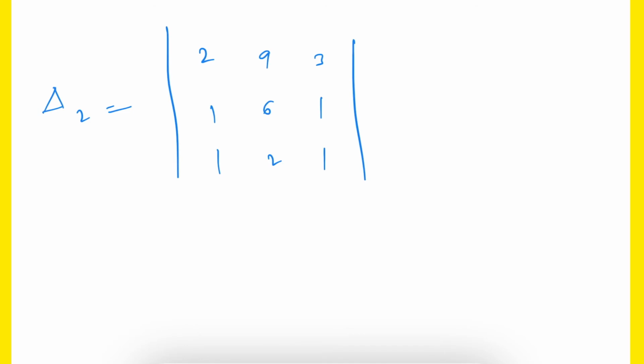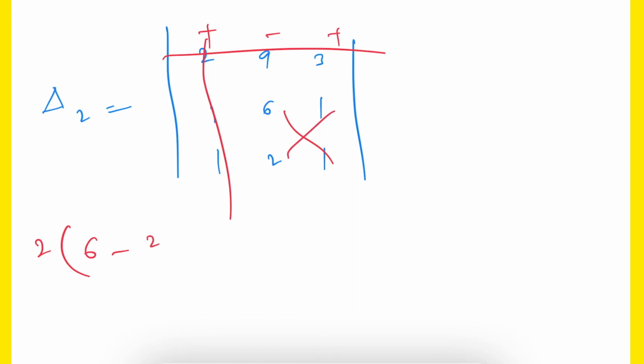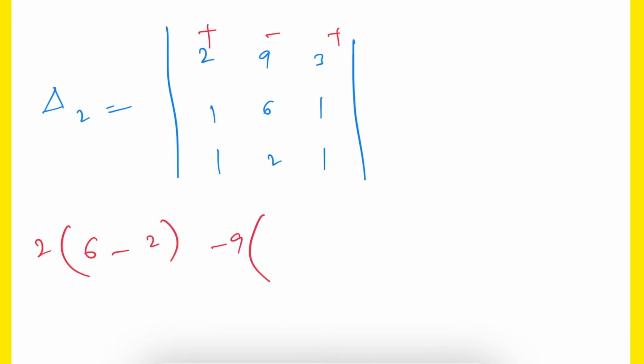Let us find out the determinant for this now. This will become plus, it will become minus, it will become plus. So 2 into, if we remove it, 6 1s are 6, minus 2 1s are 2. Next minus 9 into, if we remove this, 1 1s are 1, minus 1 1s are 1.